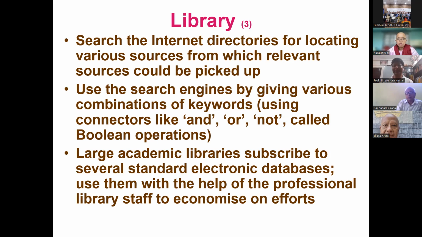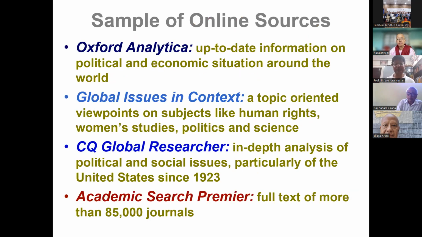All the libraries are not able to make subscriptions, but some of the good libraries of the countries are making access to all the databases through electronic databases. So if you go through the good libraries, you will find databases related to your research work. You have to become a member of that also, and you can access those books also.